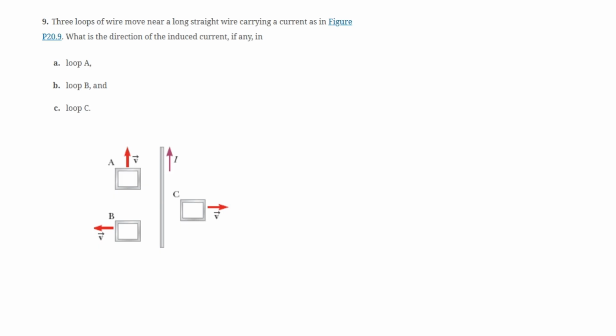Well, if you apply the right-hand rule, this magnetic field would be leaving the plane here to the left, and it would enter the plane to the right. This is due to the current I.